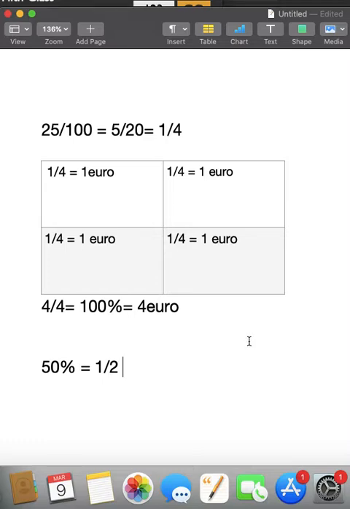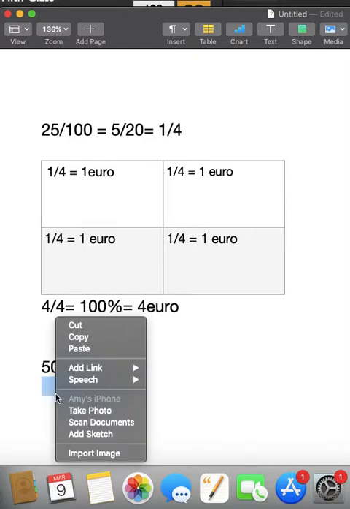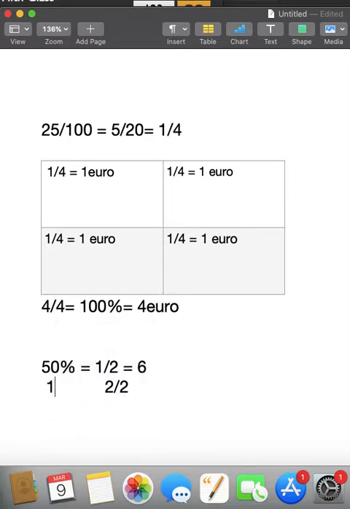Then you can think to yourself, well, if half is equal to 6, well then 2 halves, or the full amount, the 100%, is the same as that 6 multiplied by 2, which is equal to 12. So the full amount is 12.